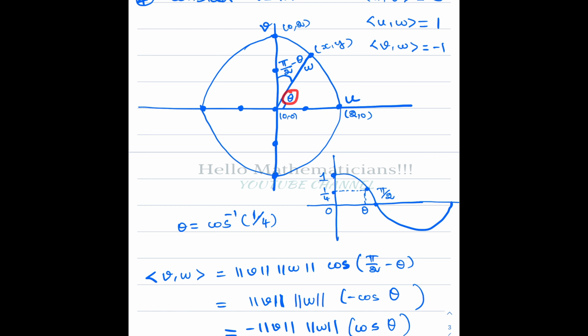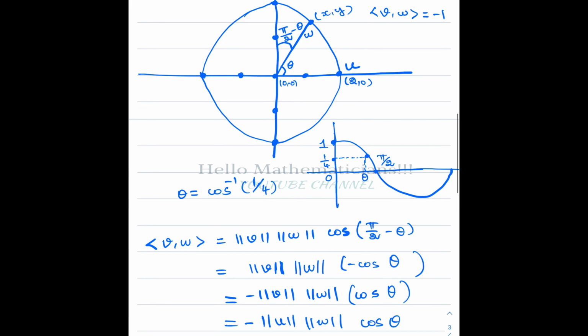So if I find a theta, then I know the point W. Okay, because then I can put a W in such a way that it makes the angle theta with U. So that is our idea. What is our idea?